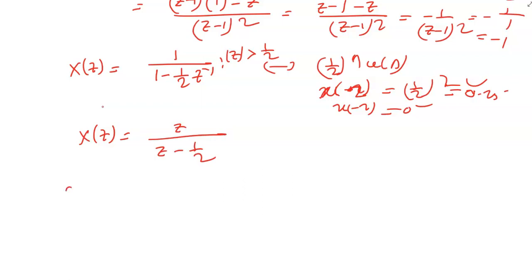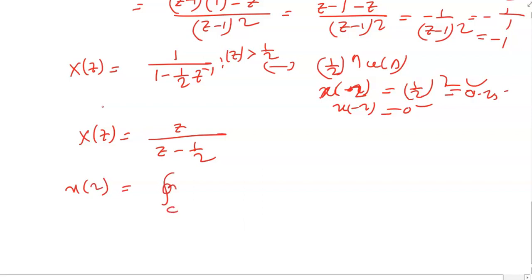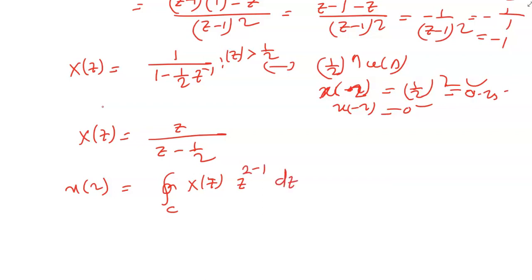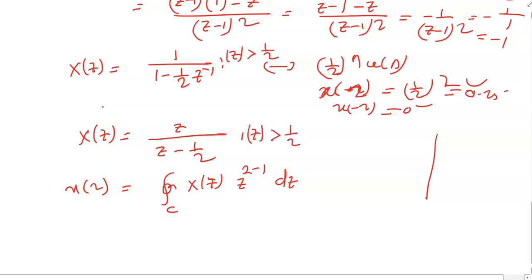Now to find x of 2, we need to do the contour integration of X(z) and z to the power n minus 1, that is 2 minus 1, dz, and the contour should be inside the ROC. So first draw the ROC. Our ROC is magnitude of z greater than half.